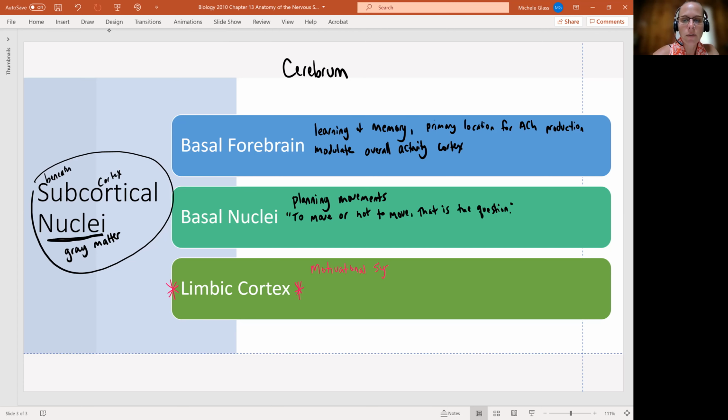This is involved in our learning, our memory, our emotional processing. It's all coming from the limbic system. It's described as linking conscious intellectual function and unconscious autonomic nervous system function.